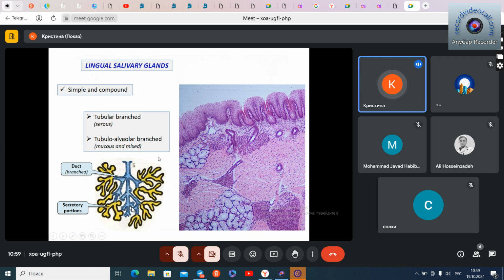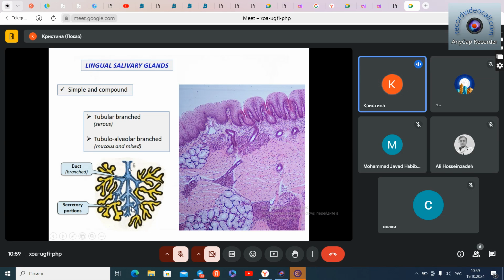And finally, the last word in the description of the gland describes the shape of the secretory portion. If it is elongated, it is called tubular. If it is sac-shaped or round-shaped, it is called alveolar. If we have both types in one gland, in this case it is called tubular alveolar gland.